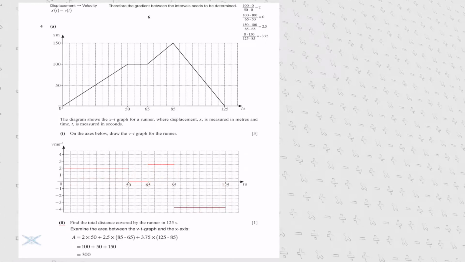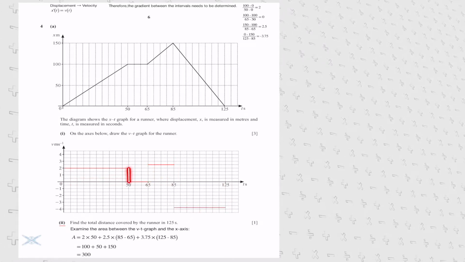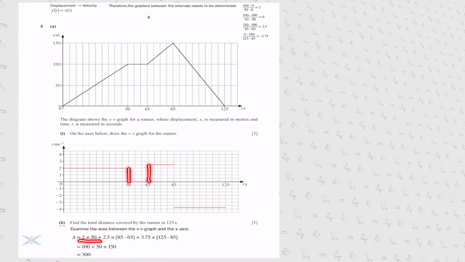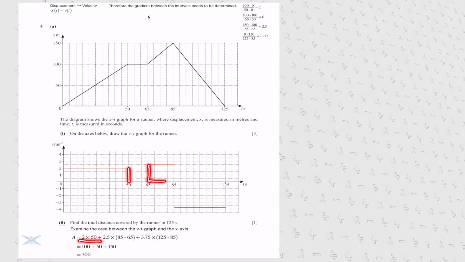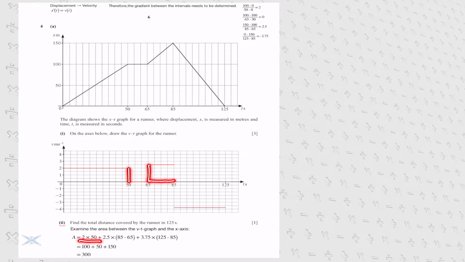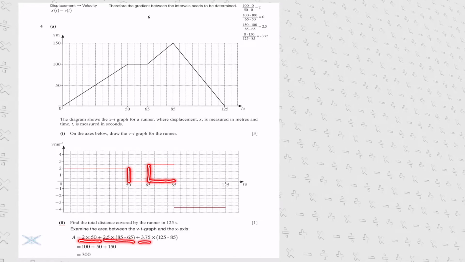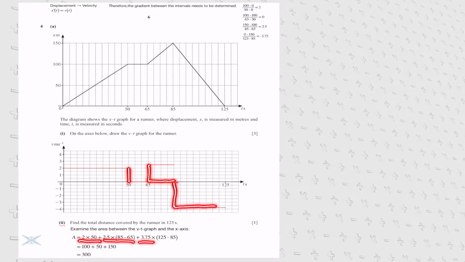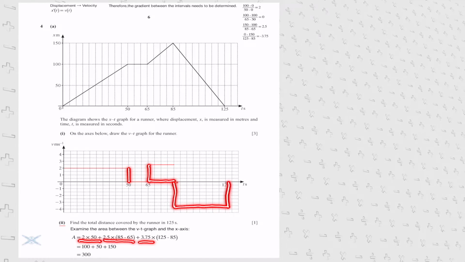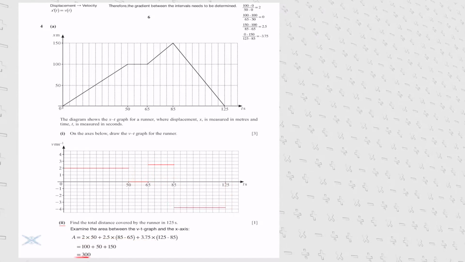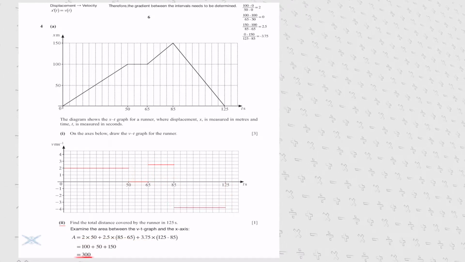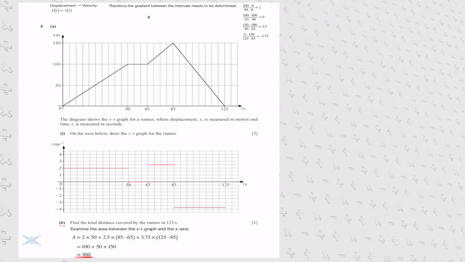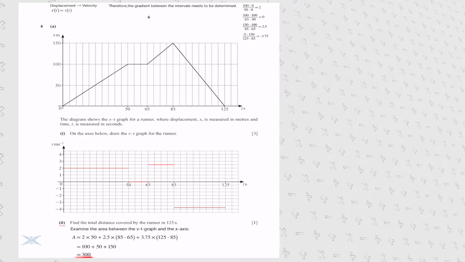So to determine the area of the first rectangle we just need to multiply 2 by 50, add this to 2.5 multiplied by the difference of 85 and 65, and this in turn needs to be added to 3.75 multiplied by the distance between 125 and 85. After simplifying this equation, we can conclude that the total distance covered by that runner for the first 125 seconds of his race is 300 meters.